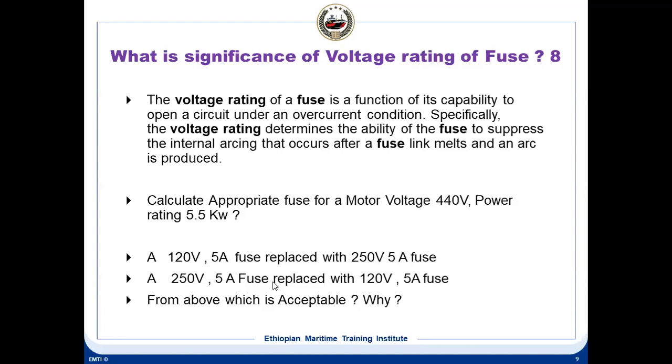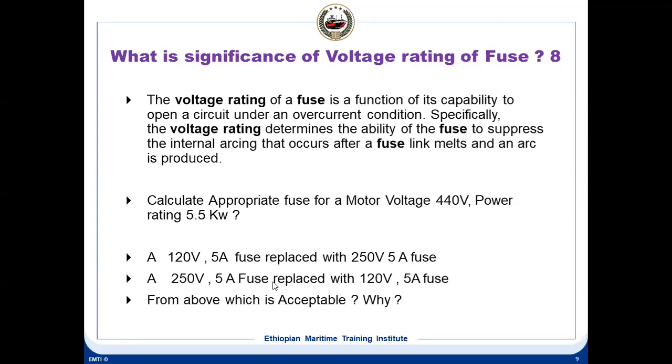Now if I use a 50 volt fuse, the gap is very small. So when the fuse blows, because of the inductive component, there can be an arc. If these two electrode elements are near, the arc can establish the circuit and it can damage the equipment.